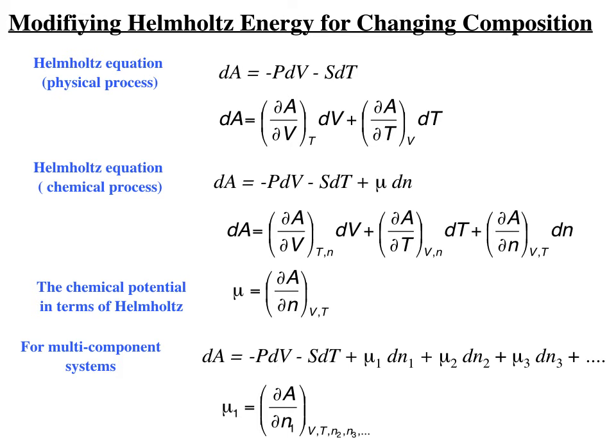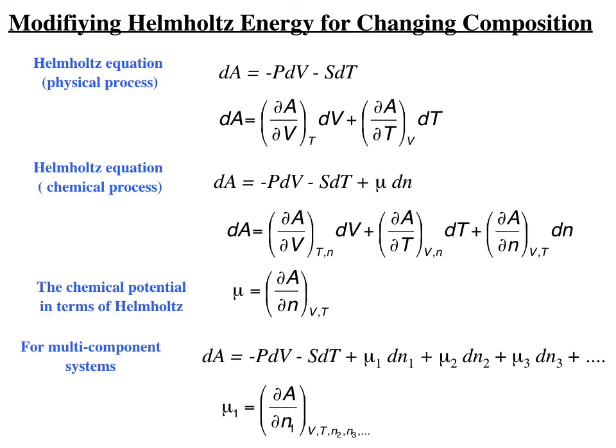Let's continue this theme, but this time we will look at how we can modify the Helmholtz function for change in composition. Again, you begin with the fundamental equation for an increment of change in the Helmholtz function. That'd be minus PdV minus SdT. And since it's an exact differential, it can be expressed as we see in the second line.